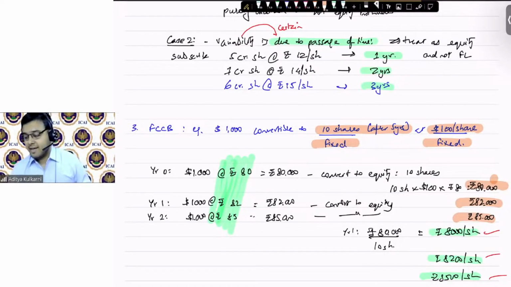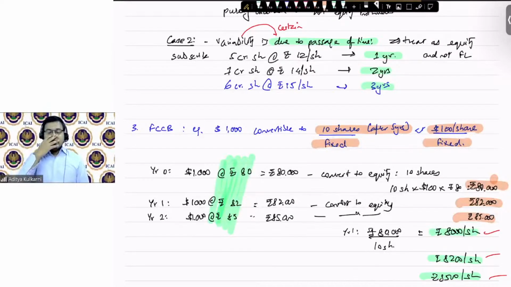If that is the case, then the variability is introduced to protect the option holder. And therefore, in spite of that variability, it will still be regarded as equity.